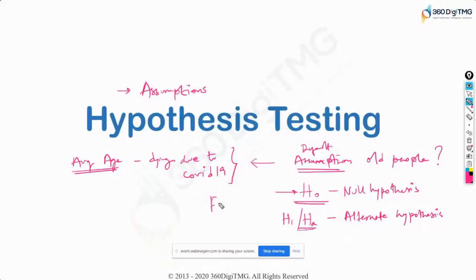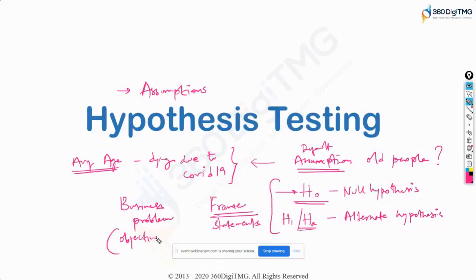So we first frame or make these assumptions, frame the statements. If you're solving any business problem, then first we frame the statements. And this framing of the statements would be in line with the business problem that we are trying to solve. The business problem is always identified via the objectives and constraints.